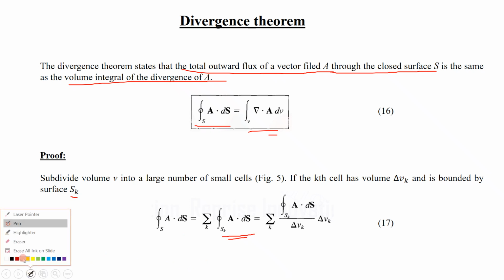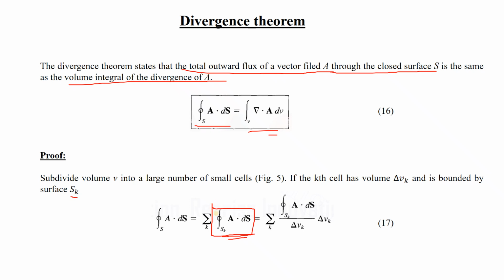So the total surface integral will be the surface integral of one particular cell plus that of all the other cells. That means if you add the surface integral of each cell, you will get the total.